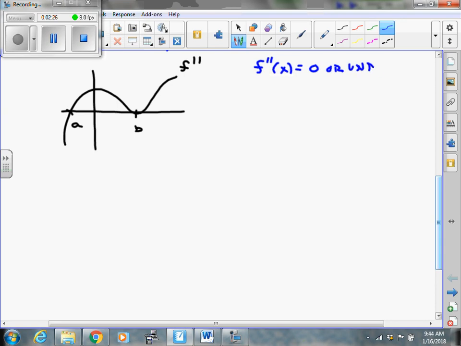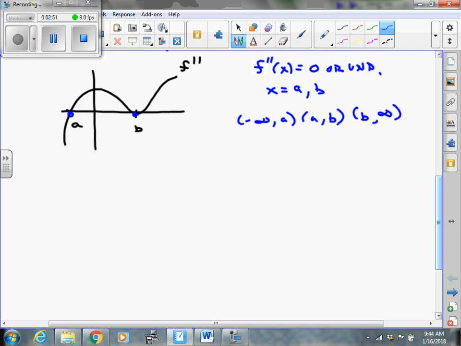This is not the same as a critical point. This is on the double derivative, so don't get those confused. I see that it's 0 at A and B. So now I want to break it up into its intervals so I can see what the concavities are: from negative infinity to A, A to B, and then B to infinity.